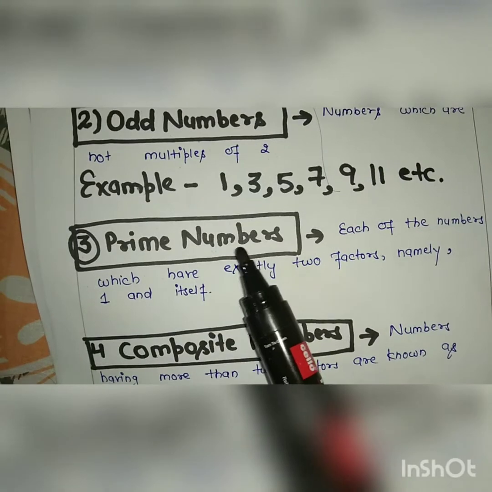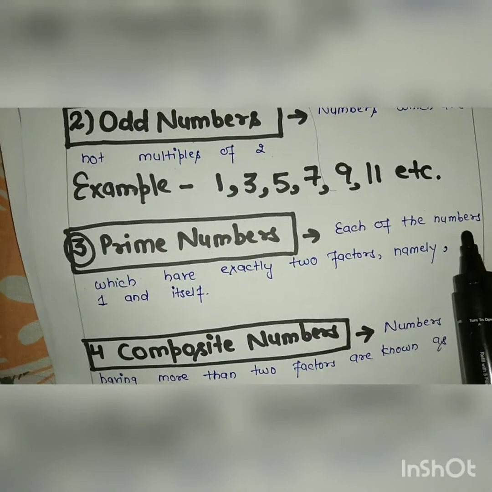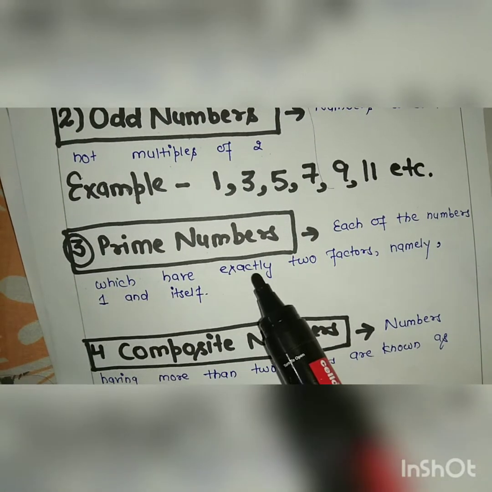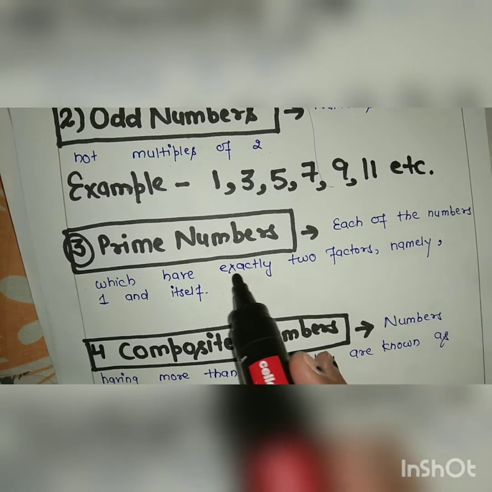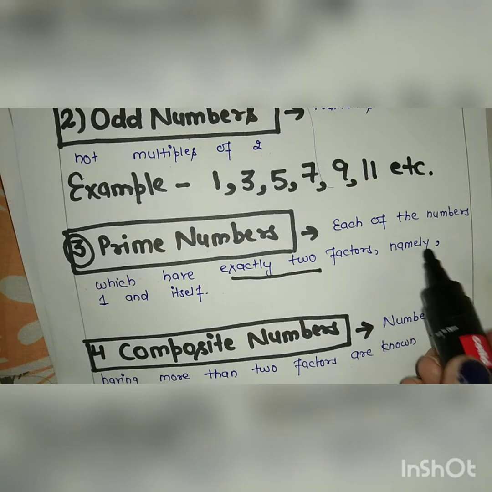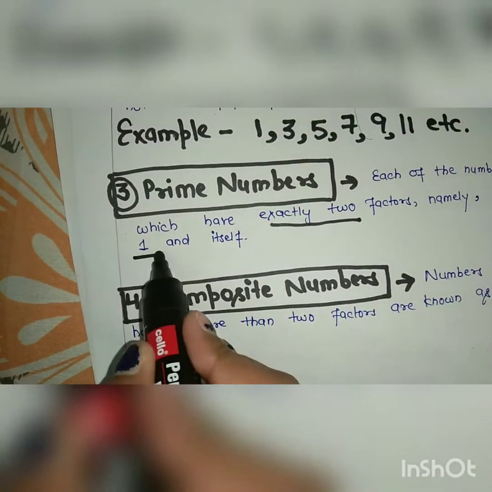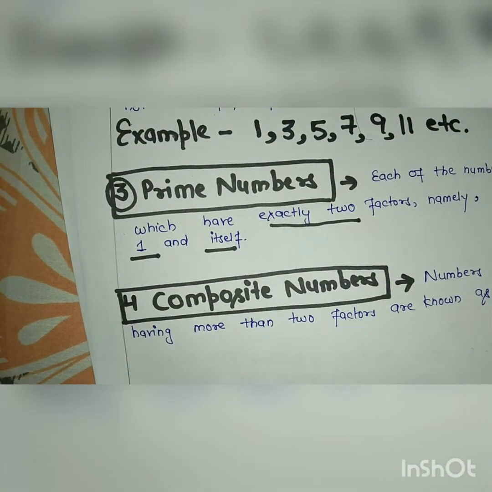Now prime numbers. Prime numbers are numbers which have exactly two factors, 1 and itself.